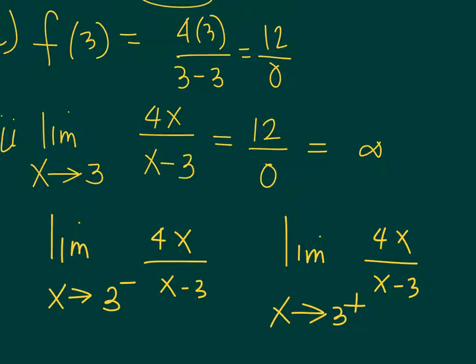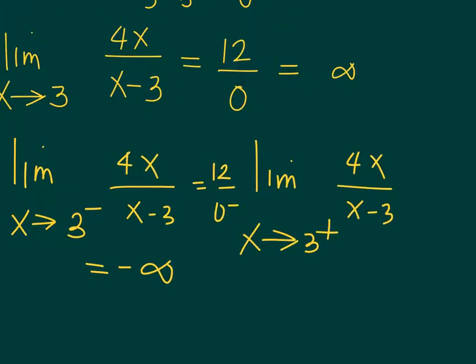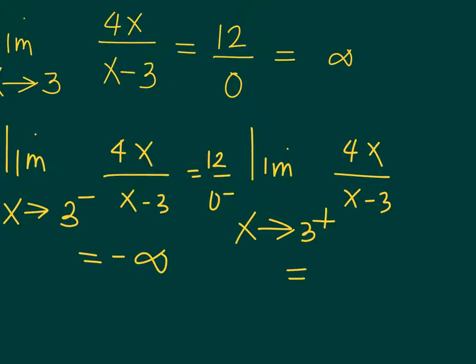So the 0 is coming from what number? If you place a number smaller than 3 on x, 2 minus 3 will become negative 1. So the 0 is coming from negative numbers. So it's infinity, but negative infinity. Did you understand? And on the other limit, if we do the same thing, you will expect this to be positive infinity.